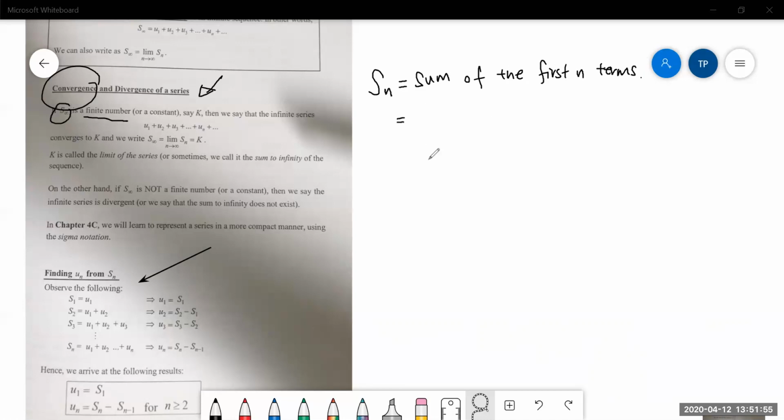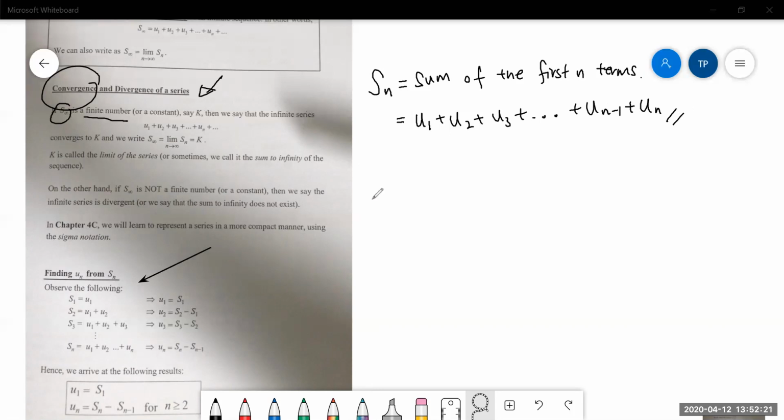So the sum of the first n terms means u1, starting from the first term, plus u2 plus u3, all the way to plus un minus 1 plus un. This is Sn.